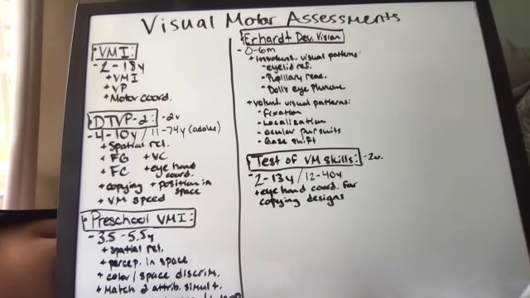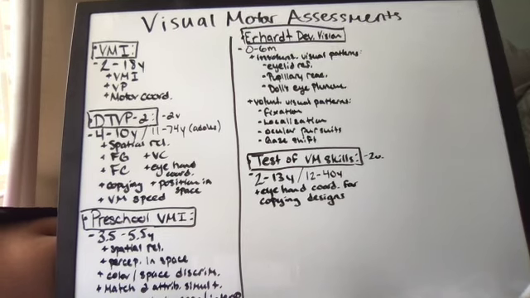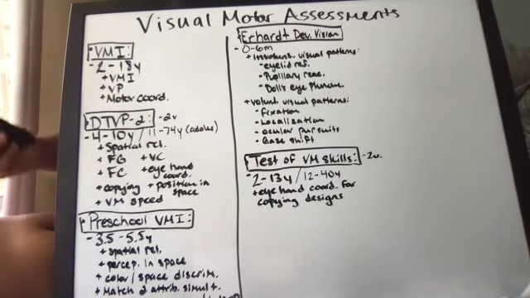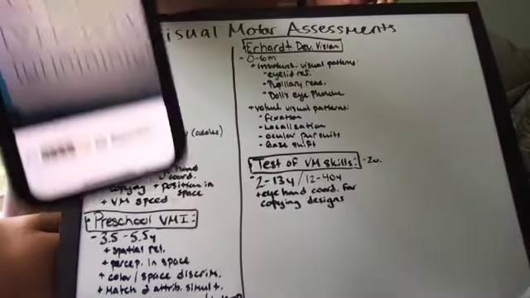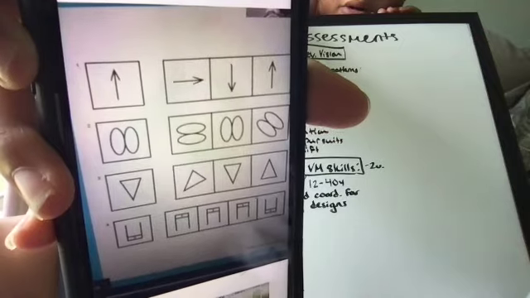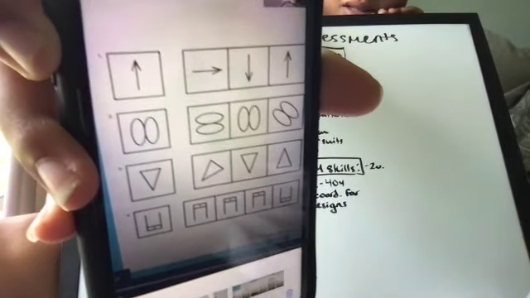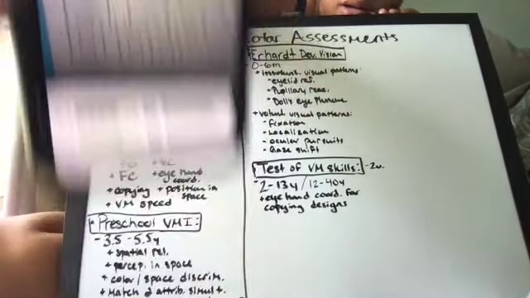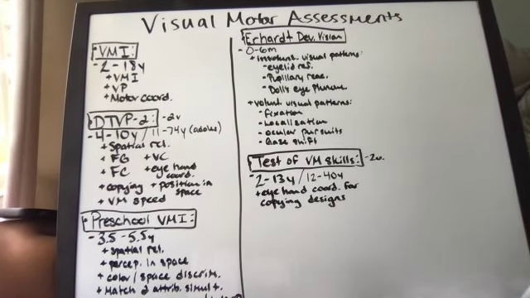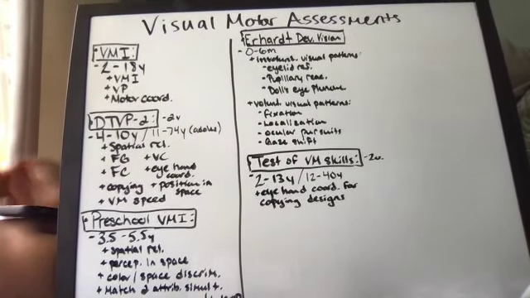This one measures the ability to match 2 figures according to their common features. So for instance, here you see the arrow pointing up. You have to find that same arrow on the other side. So you have to match it with common features.